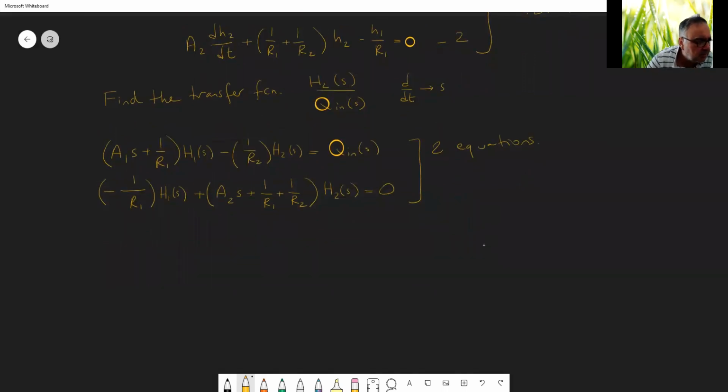For example, you can solve for H1 from equation 2, substitute into the first one, solve for H2 over Q in, let's say.